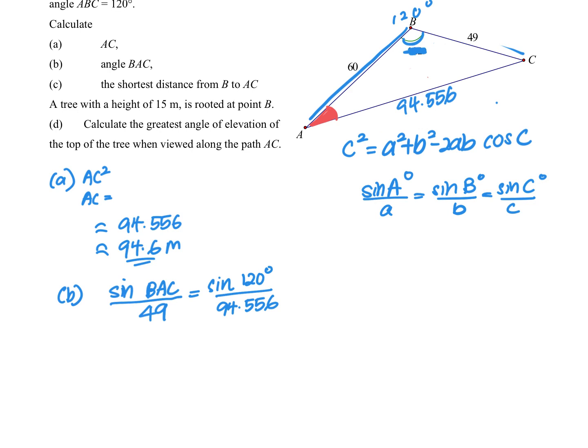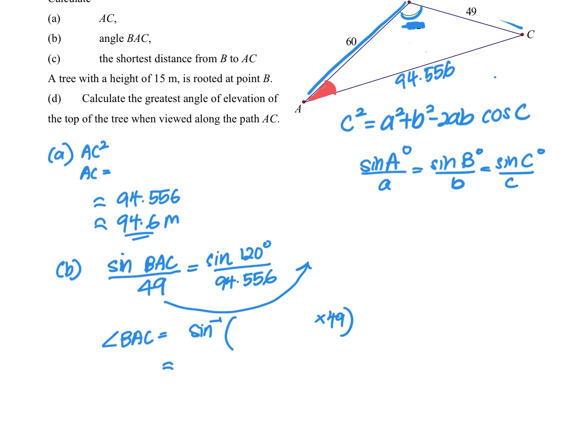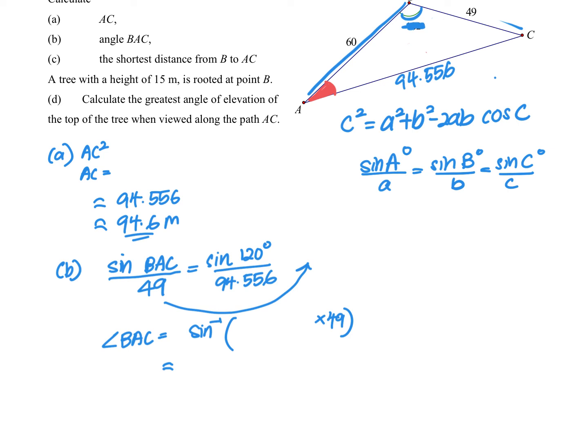Okay, you try. Then you all shift the 49 over, then sine inverse. Okay, bear in mind, sine rule usually got 2 answers, but since this one is acute, so 1 answer is enough. Accuracy 1 dp.